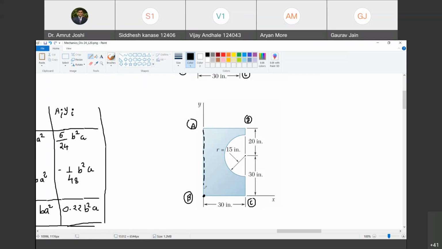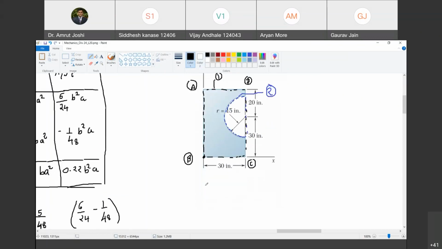So I am showing this rectangle. This is one, and second is semicircle. Are you with me? Yes, sir. So this is rectangle and semicircle.